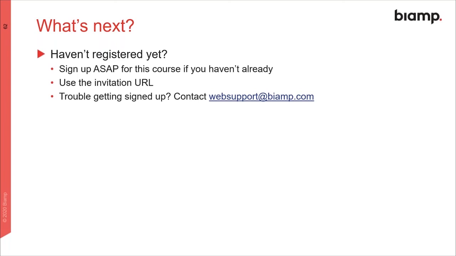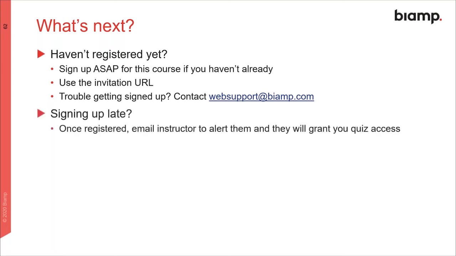Use the invitation URL that you might have seen in your email. And if there's any trouble, be sure to contact websupport@biamp.com. And for whatever reason things don't work, you run into some roadblocks, just email either me or Ahmed or both, and we will give you access to the quiz.